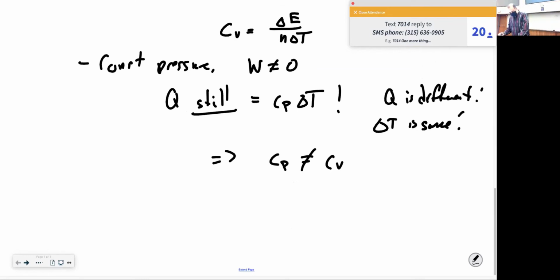Okay, we know that delta E equals Q minus W. That's our first law of thermodynamics.